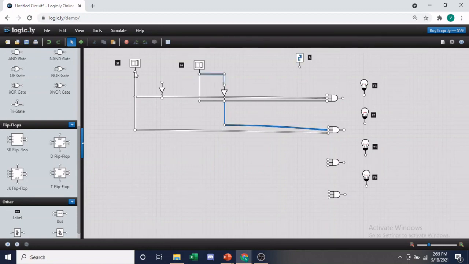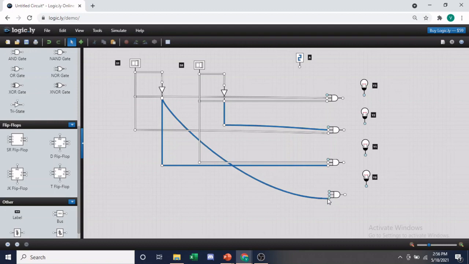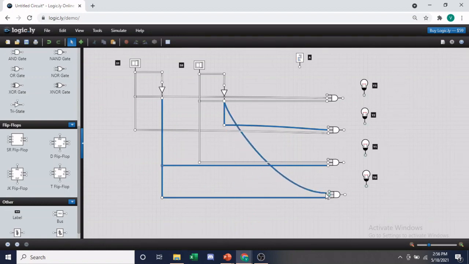And for Y1, for S1 we have 0, so we take this from this NOT gate, and S0 is 1, so that is directly connected. And then for the Y0 case we have both the inputs as 0, so both are taken from the NOT gate output.